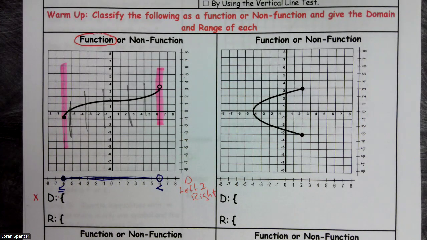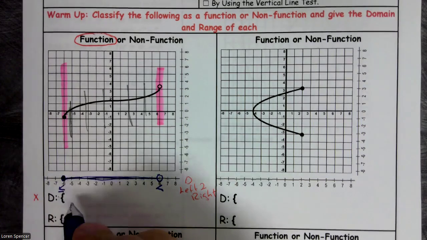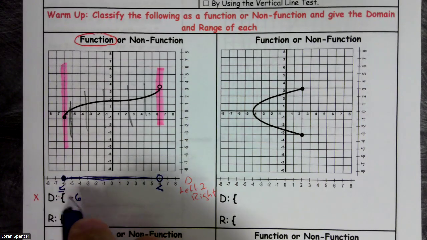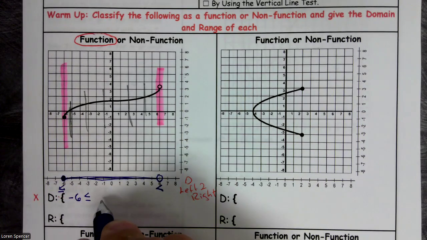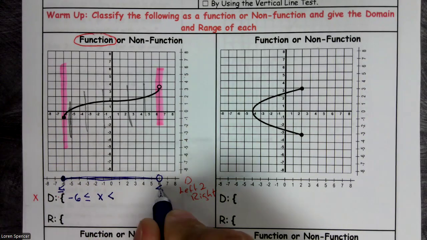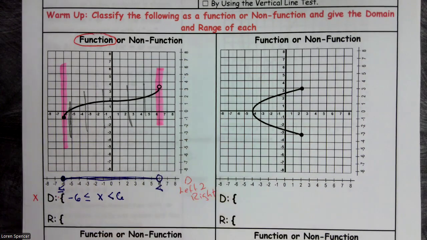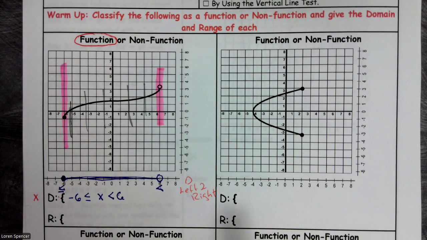That's a less than symbol. So we have -6 less than or equal to x, less than +6. Okay, so that's our domain.